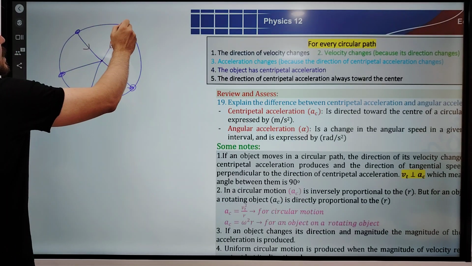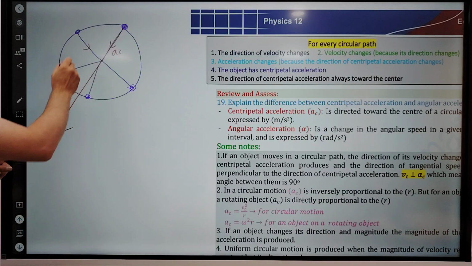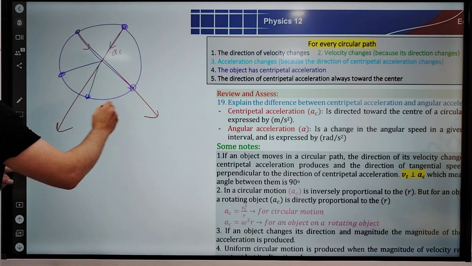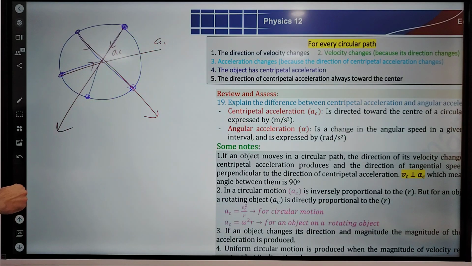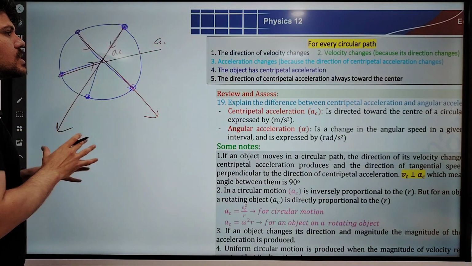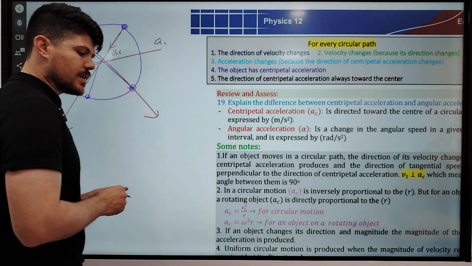Toward the center. At this point, the direction of the centripetal acceleration is in this direction. At this point, this direction. At this point, this direction. So that is why the acceleration is not constant. Acceleration changes in a circular path.